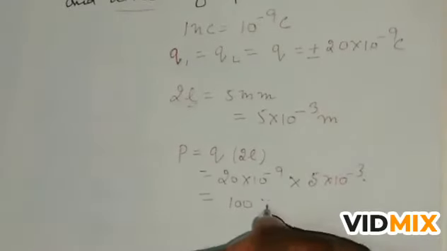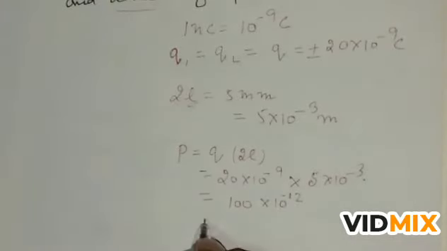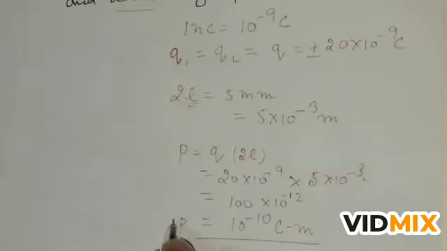It is 100 into 10 to the power minus 12, or we can write 10 to the power minus 10 coulomb meter. This is the magnitude of dipole moment, 10 to the power minus 10 coulomb meter.